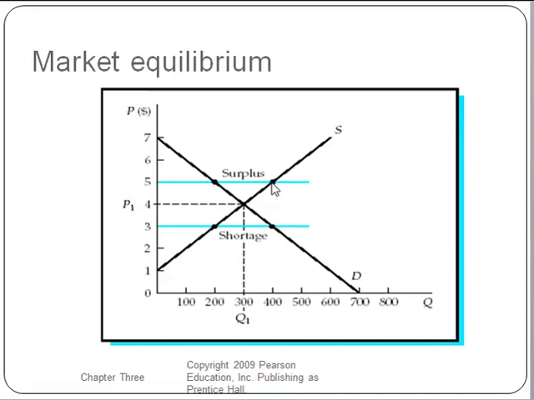If pizza places charged a price lower than the equilibrium price, say at $3, then more people are willing and able to buy, at 400 slices, where the pizza place is only willing and able to supply 200 at this price, at $3. Therefore, there will be a 200 shortage.